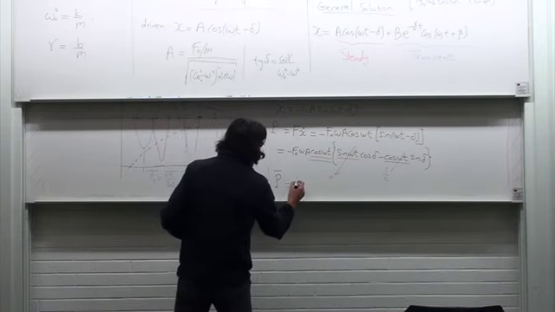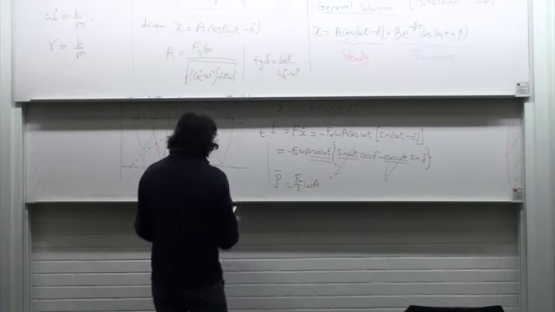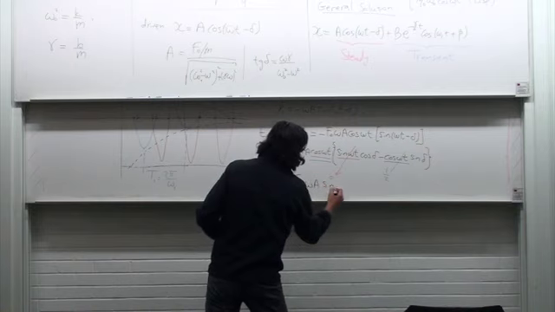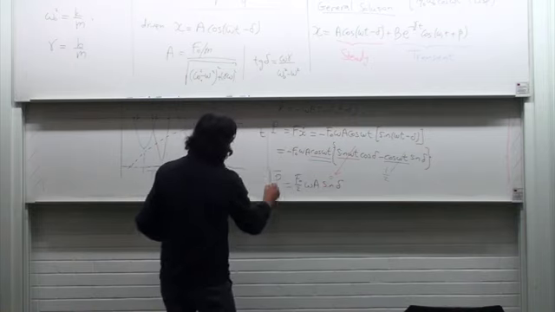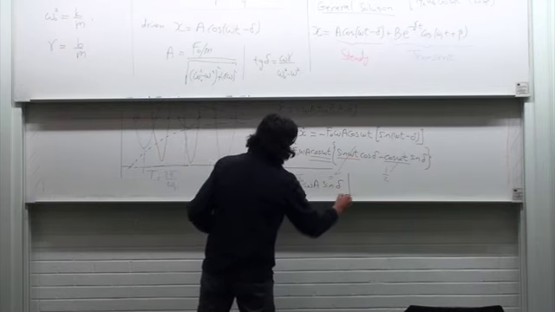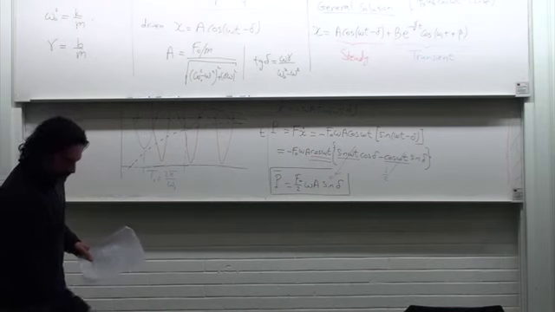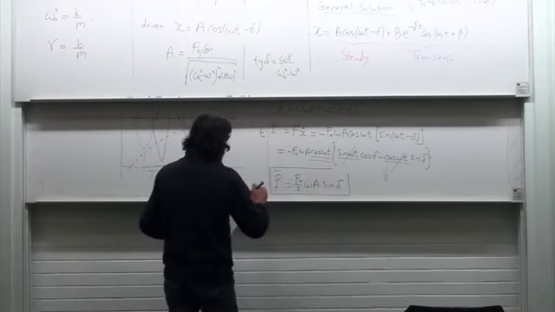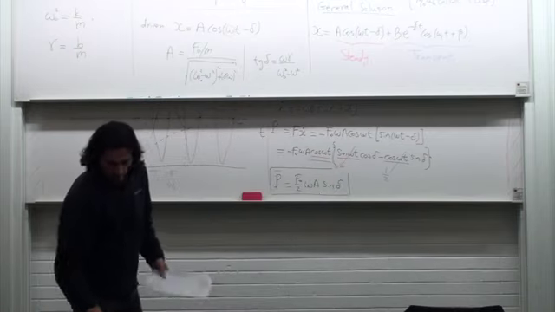If I take it out, so F0 over 2 omega A and sine delta. Okay, so now we know the average power in the system.